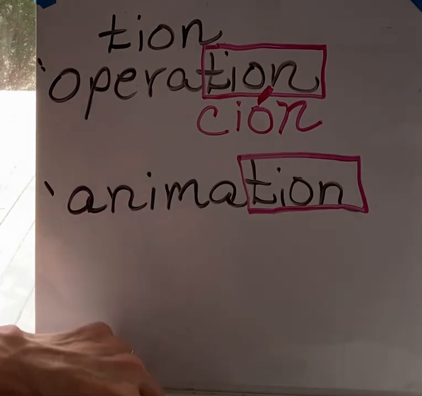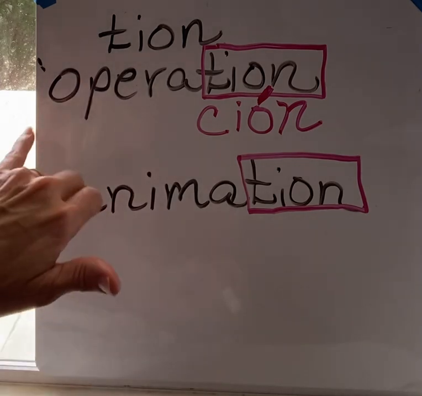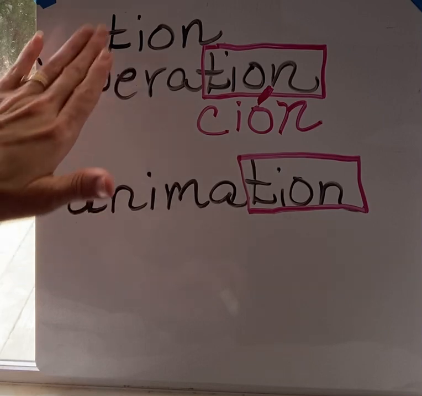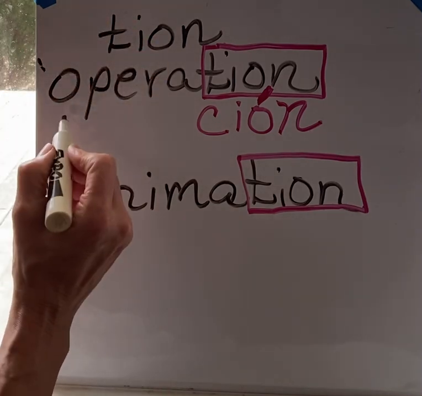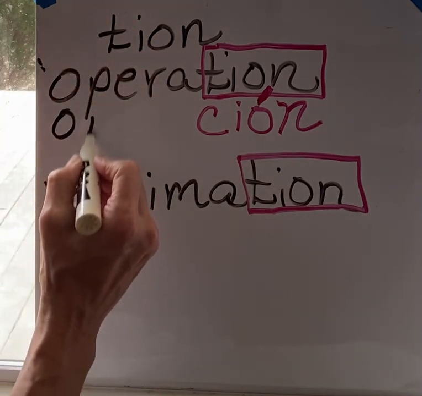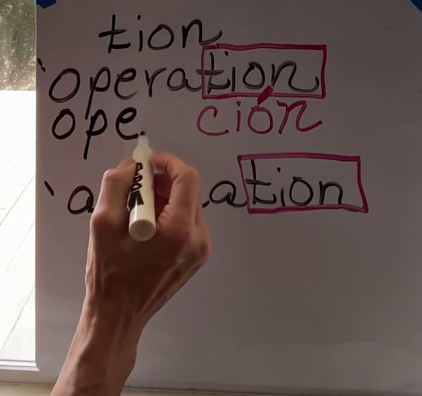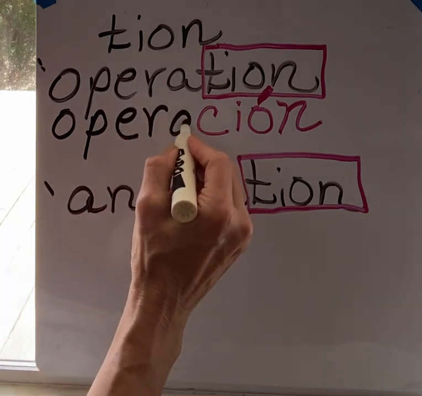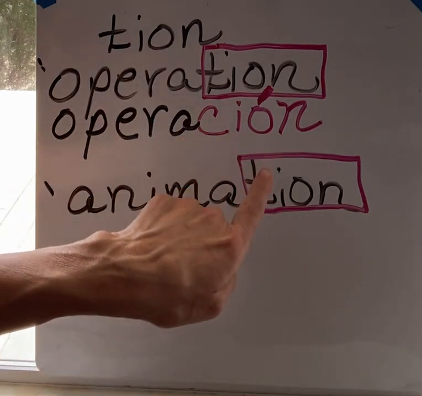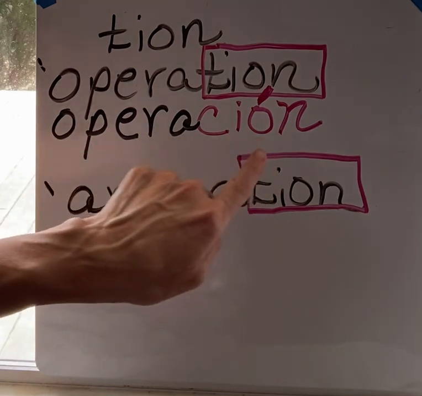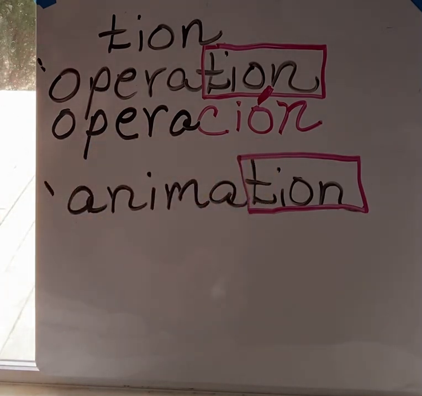Now, you move everything before that right below. So I'm going to say O-P-E-R-A, operación, operation. You just turned the word or the noun operation into Spanish, quite simple.